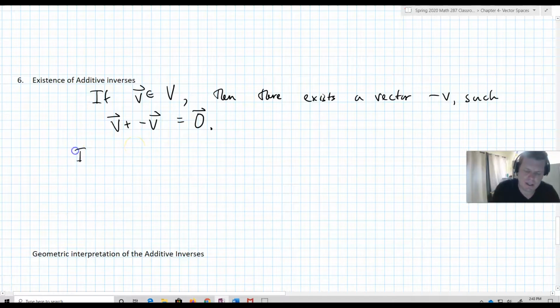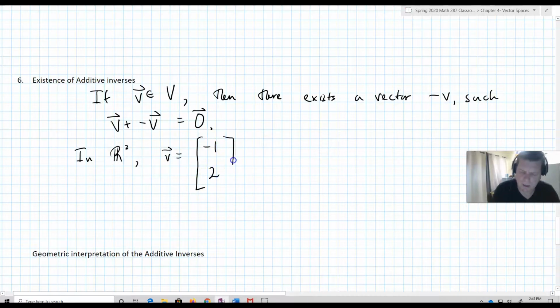So in R2, if, for example, V equals (-1, 2), then negative V is going to equal (1, -2).